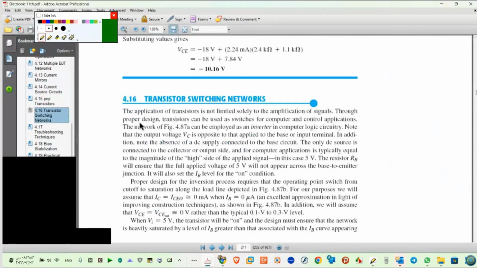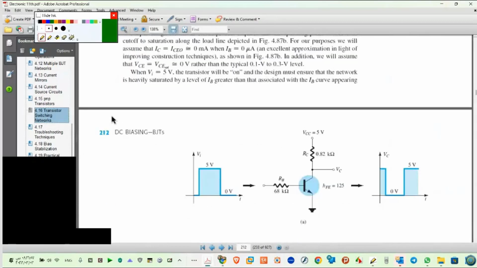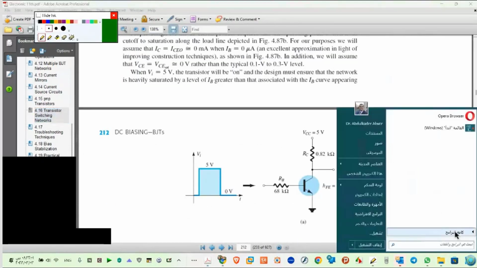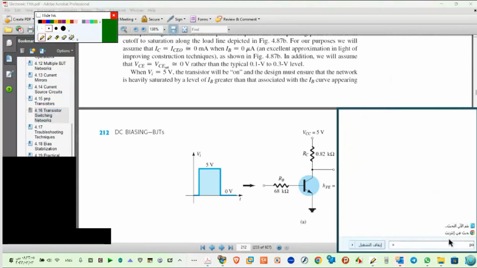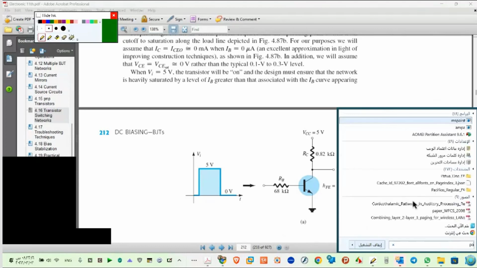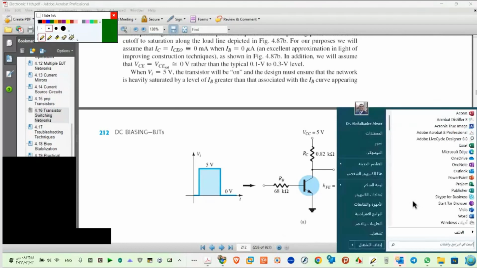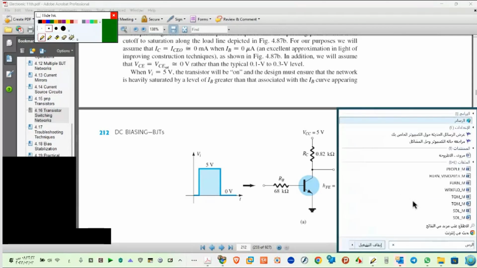In the transistor switching network, I will make something. Okay, I will open Paint. Where is it? Here. Just a minute to find this one.